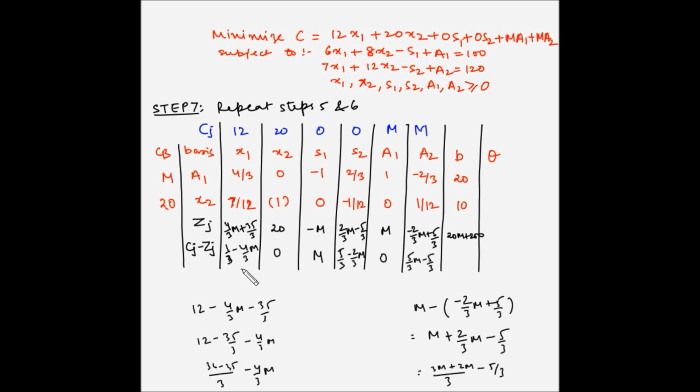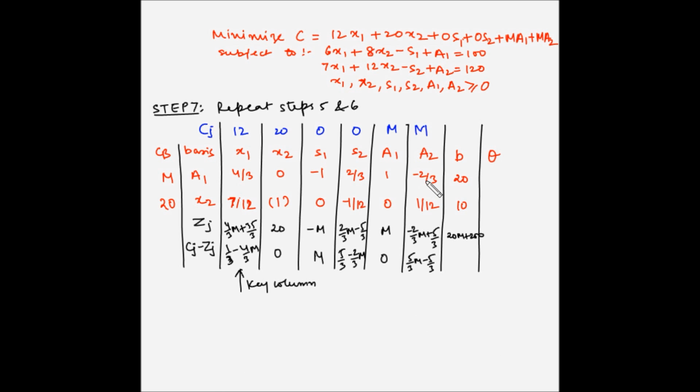So let's consider x1 as the key column because this has the maximum negative value. Let me remove this calculation and then we'll go ahead and find the key row. So in order to find the key row, we have to first find the values of theta. So 20 divided by 4 by 3, which is 20 into 3 by 4. 4 5s are 20, this is 15.